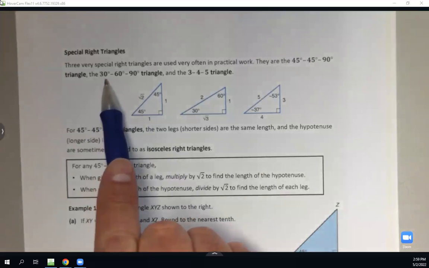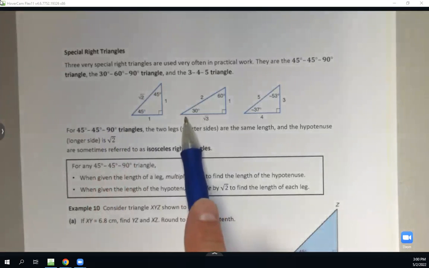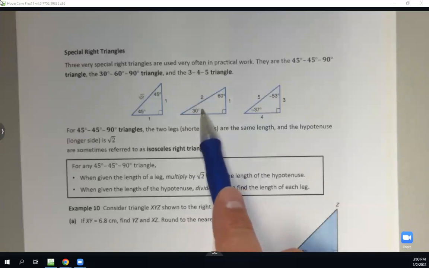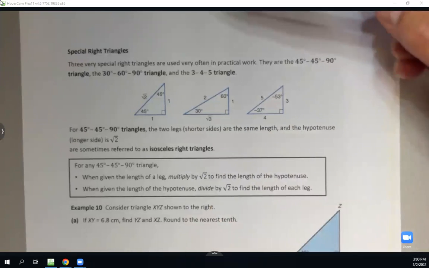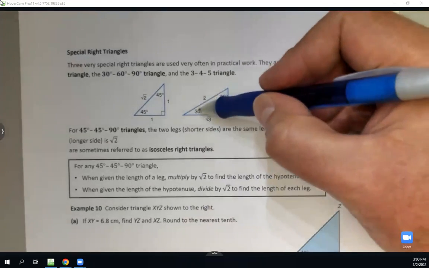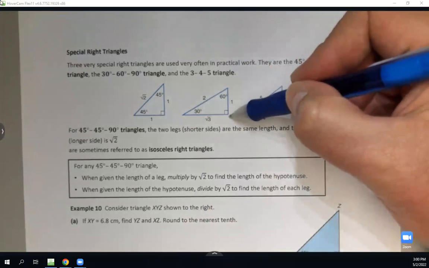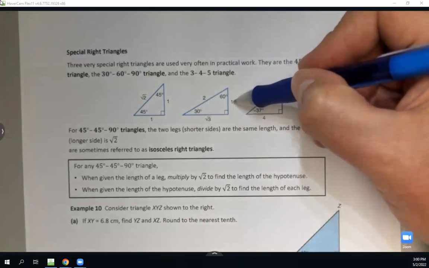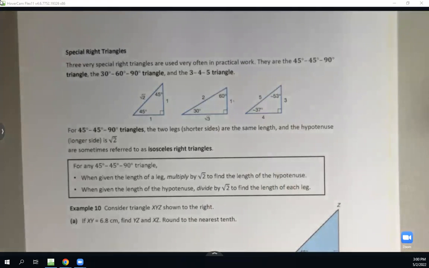The next is the 30 degree, 60 degree, 90 degree triangle. Okay. So this is an example of the 30 degree, 60 degree, 90 degree triangle. So again, in this case, 90 degrees is going to be here. And so the ratio that's always going to happen is if you look at the side opposite of the 30 degree angle, whatever that side is, the hypotenuse will be double it.